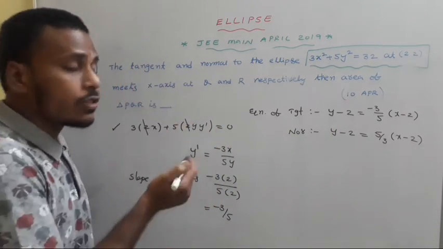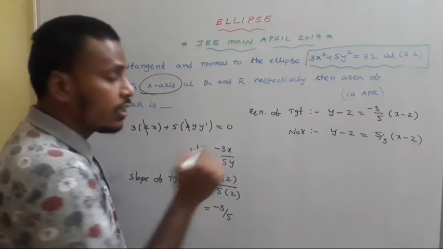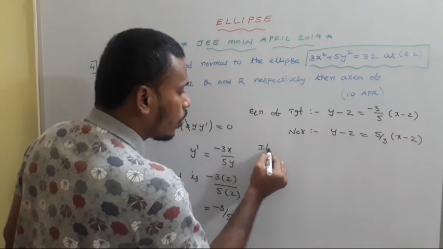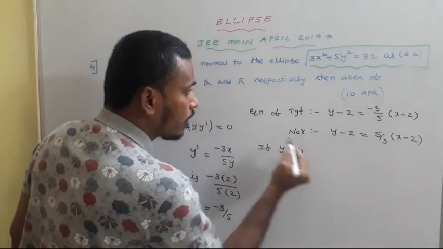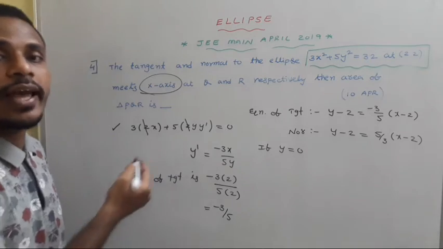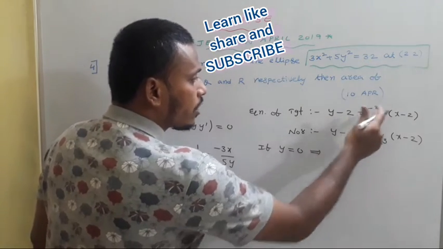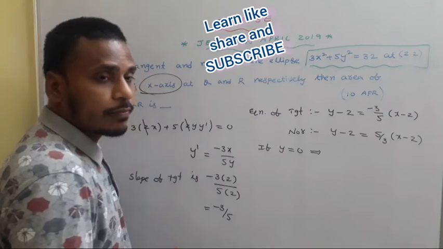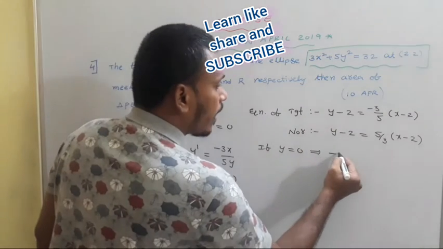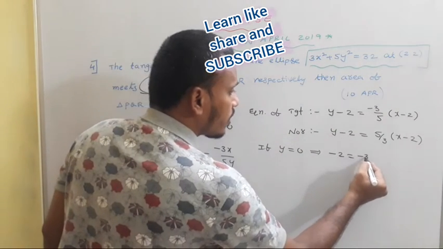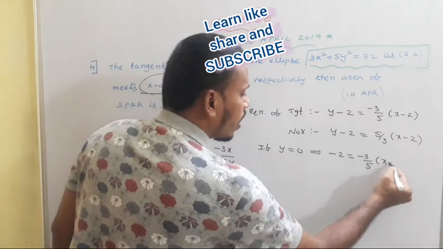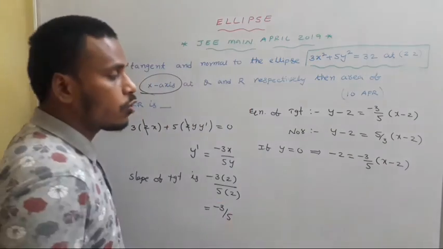So on the x-axis, what do you say about the value of y? It is 0, right? So if y equals 0, we need to calculate the value of x. From the first equation, minus 2 equals minus 3 by 5 into x minus 2. Then this is our part to simplify.